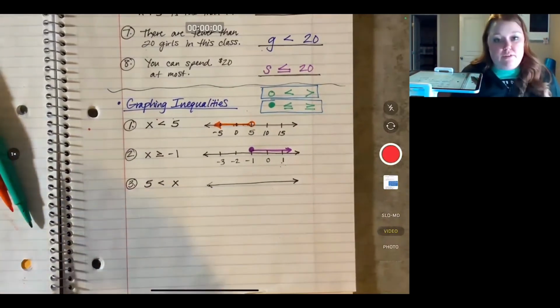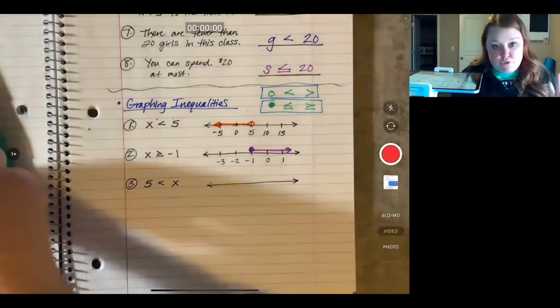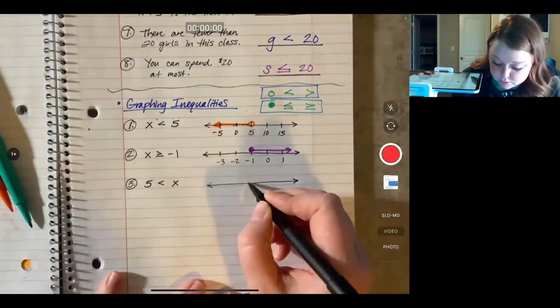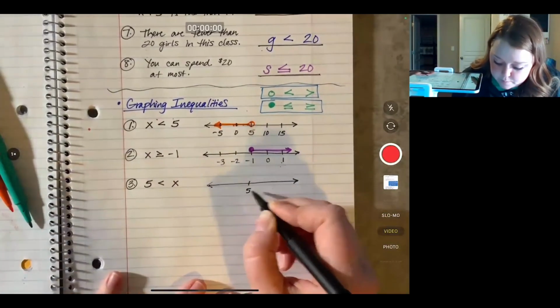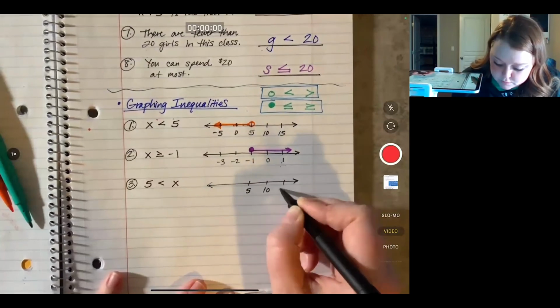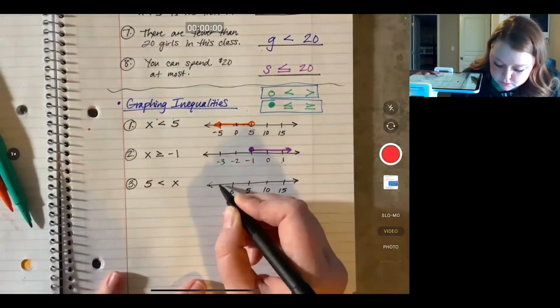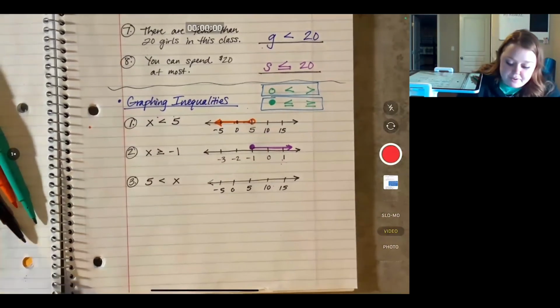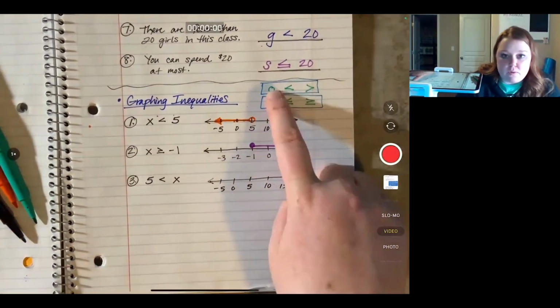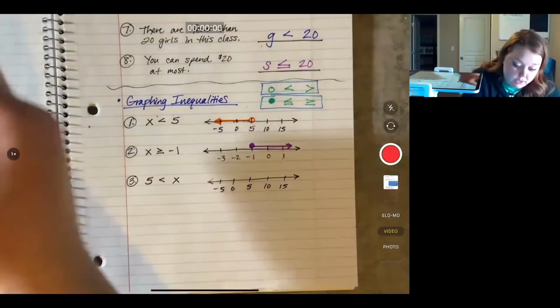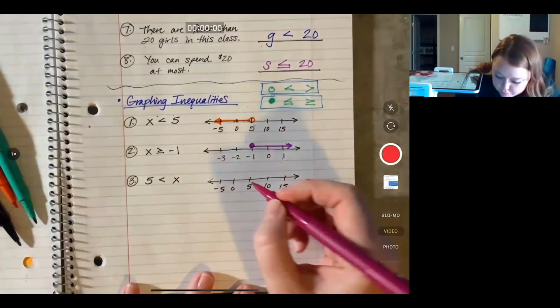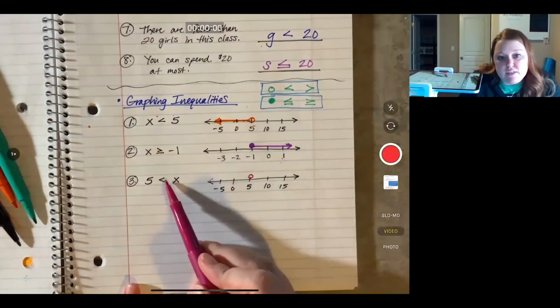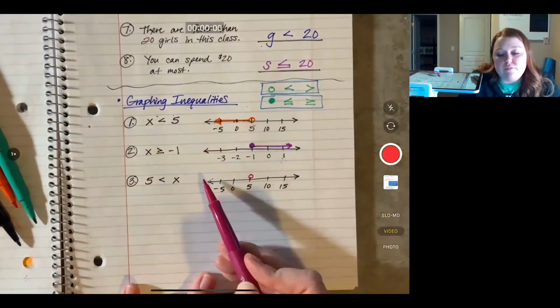I would recommend flipping it around because let me show you a big fat mistake that some kids do. So they put 5 in the middle and they go, okay, here's 10, here's 15, here's 0, here's -5. Okay. And then they're like, okay, that's going to be an open circle according to this chart. So it's not equal to, it's just open at 5. And then they see this less and they want to go to the left.